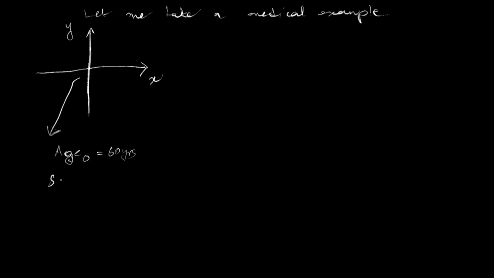Then we have the systolic blood pressure, and that is, let's say, 130 millimeters of mercury. So this x that we are talking about is the real age minus 60, and this y is equal to the systolic blood pressure minus 130.